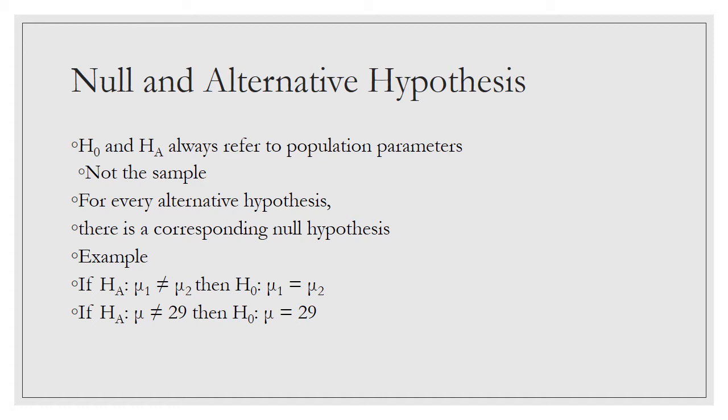So my alternative would say that the mean in the population of people that eat healthy snacks is going to be higher than the average of those that don't eat healthy snacks, or just higher than the average. Whereas the null is going to say, no, they're equal to each other.